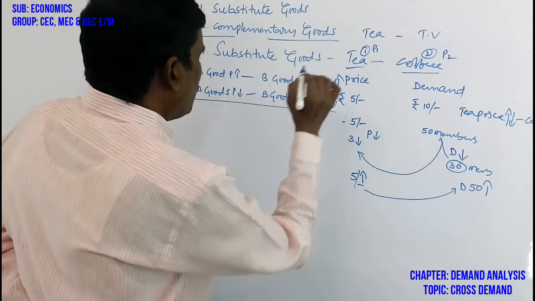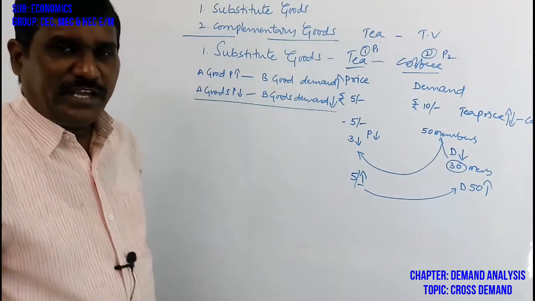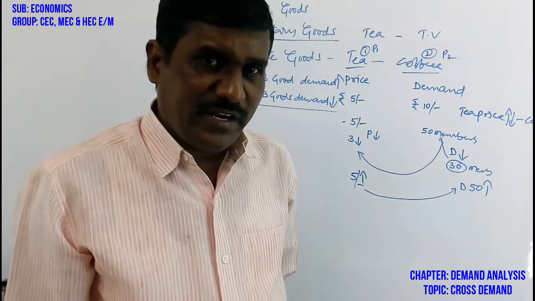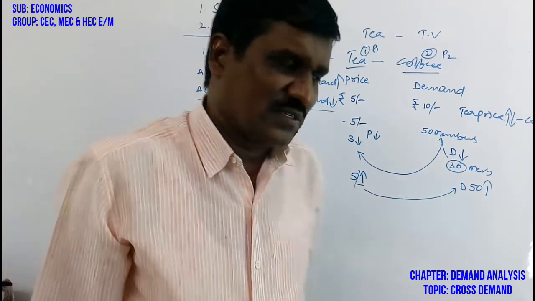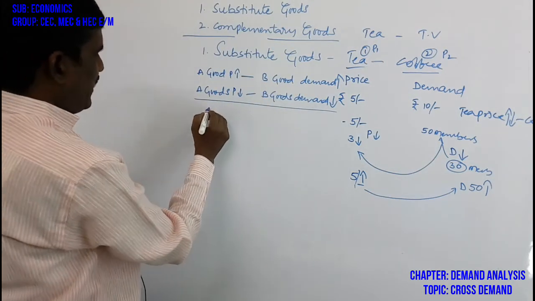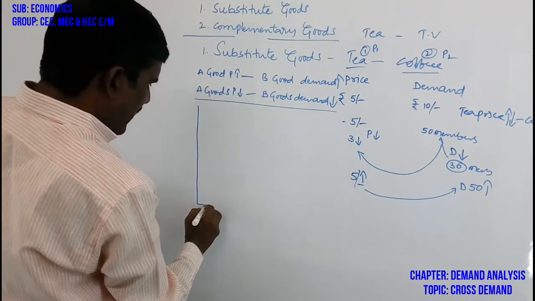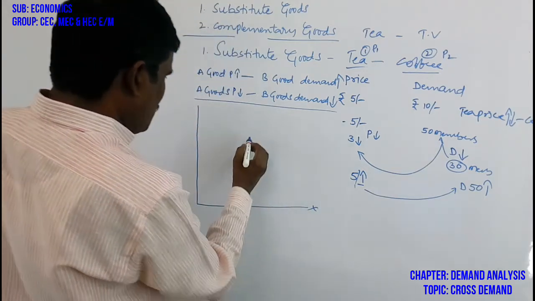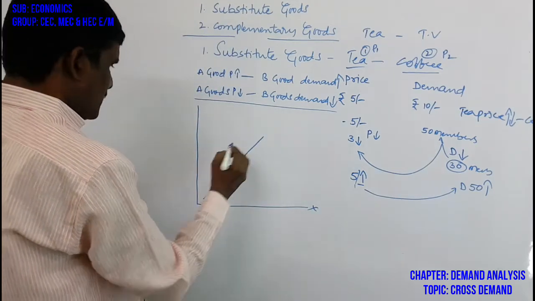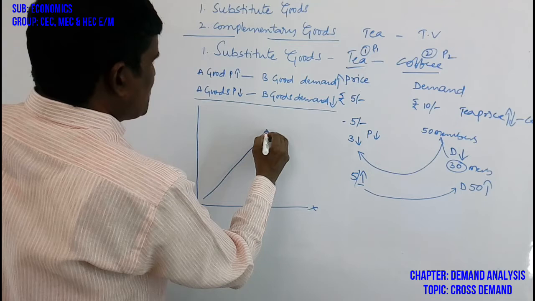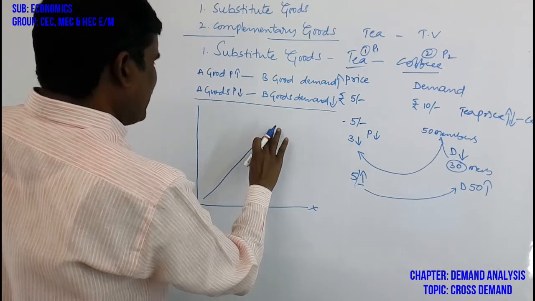So it is a positive relationship between substitution goods. Due to the positive relationship, the demand curve slope is also positive. So this is what substitution goods or the demand curve means.